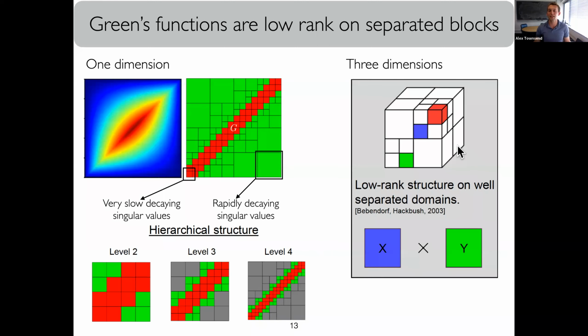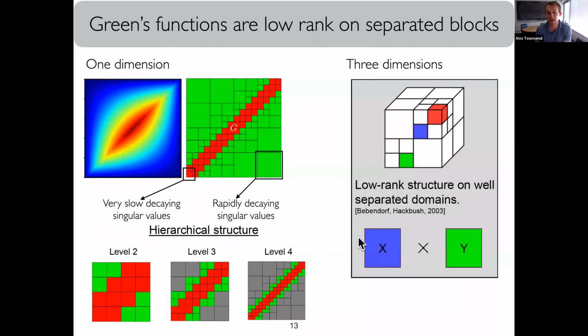Okay, this is just to say that this all works in 3 dimensions too. But it's very hard to draw pictures because it really should be a 6-dimensional picture, because the Green's function is 6-dimensional. But Bebendorf and Hackbusch in 2003 have completely analyzed this low rank structure that holds for all Green's functions associated to uniformly elliptic PDEs in 3 dimensions.